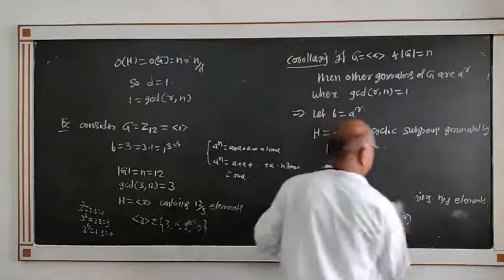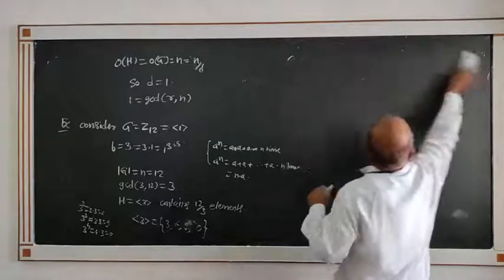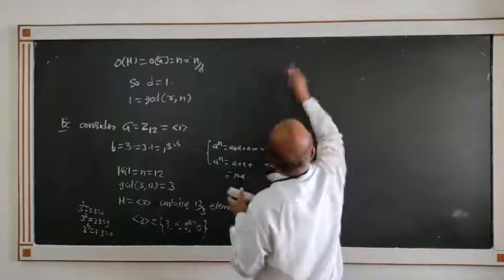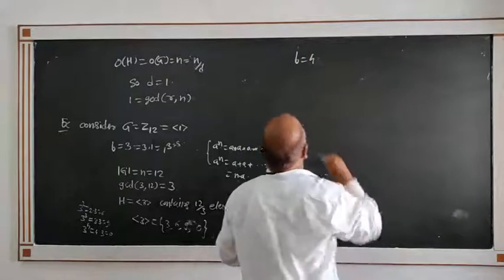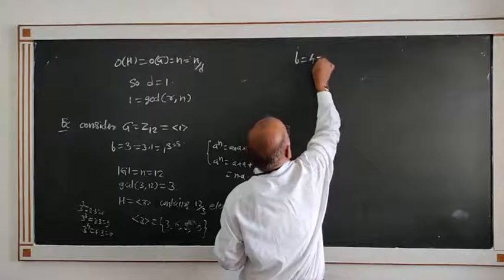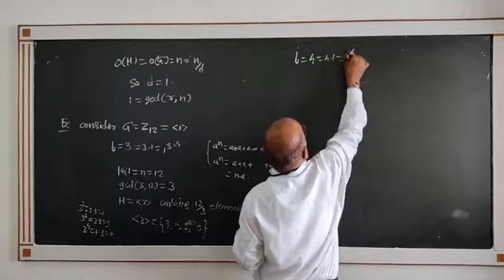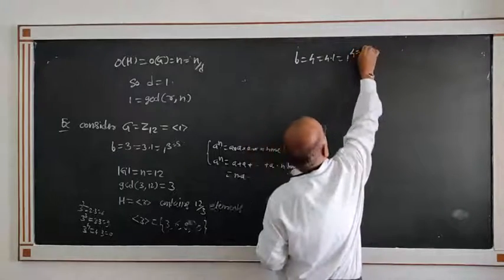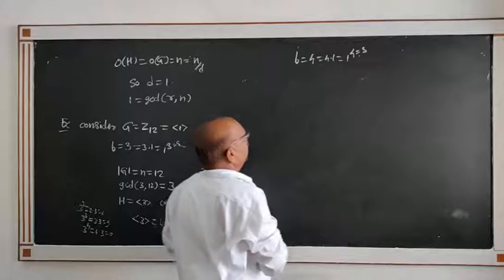Similarly, if you take B is equal to 4, 4 means 4 into 1, 1 to the power 4.